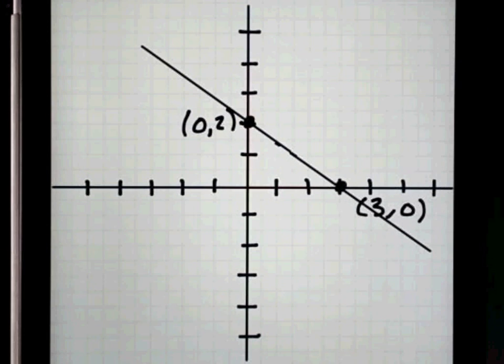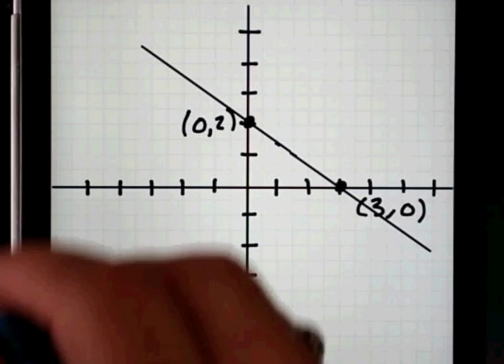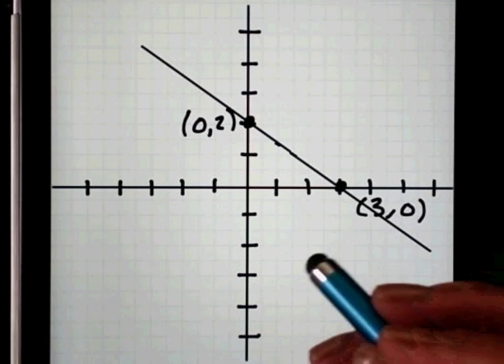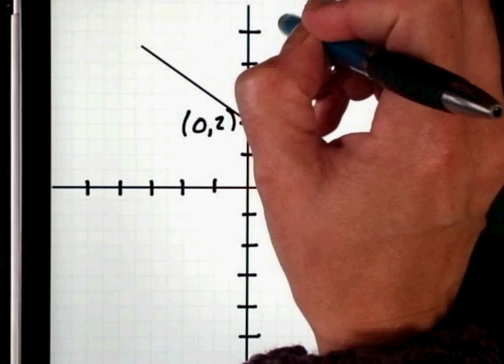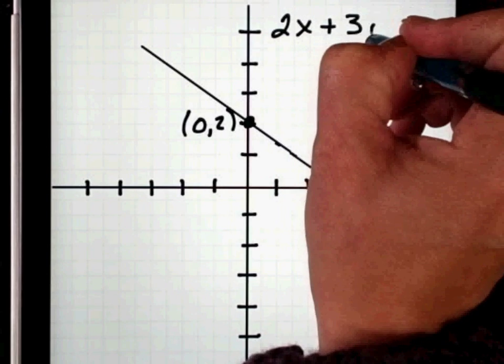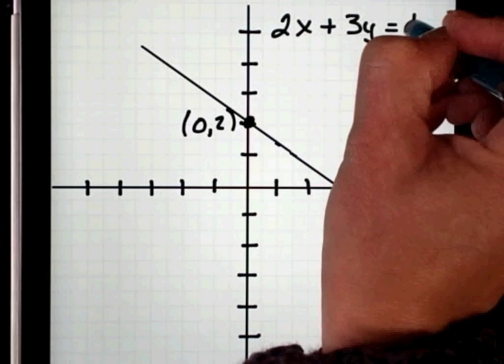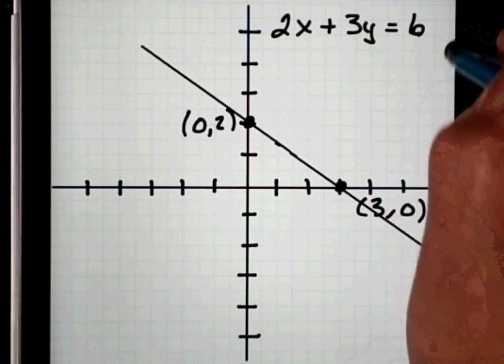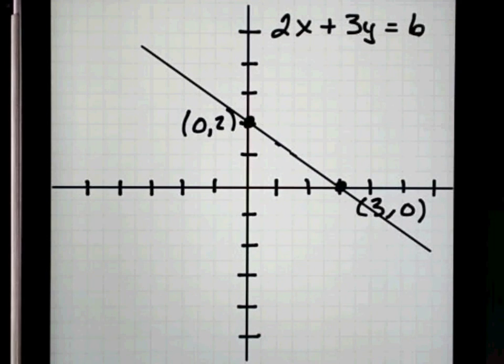So what I've done is I've actually drawn a picture of the points that satisfy our equation. And our equation, remember, was 2x plus 3y equals 6. Every xy pair that lies on that line will go into that equation and give us a true statement.